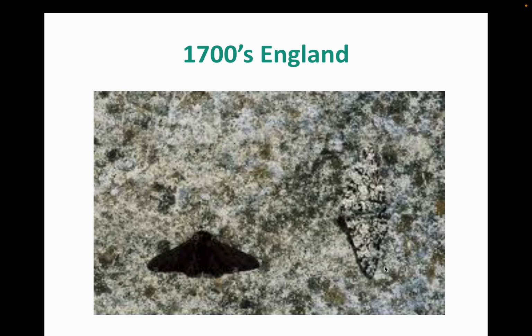So which one of these moths is going to have more kids? Well, most likely the camouflaged moth will survive longer, which leads to it having more kids. And this moth is probably going to be today's lunch, so it's not going to have any kids. So this dark coloration will not be passed on to the next generation. This moth is probably a mutant.